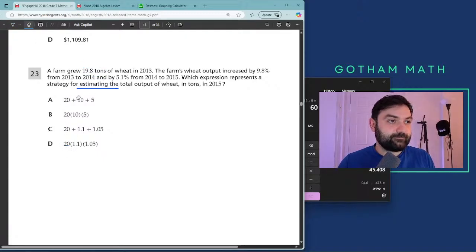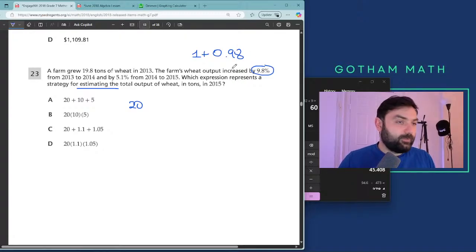Okay. So we're going to use 20, and they say increased by 9.8. How do we increase by 9.8 in one action? We add the decimal version of 9.8 to a 1. It's going to be 1 plus 0.098. But now I'm thinking, why would we need to use 9.8 if we're estimating, right?